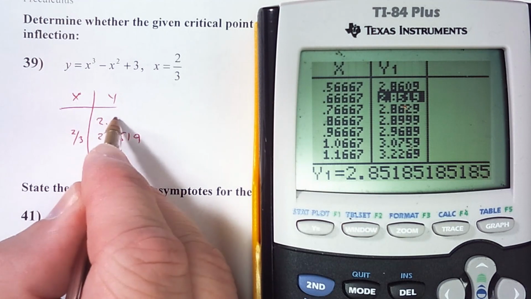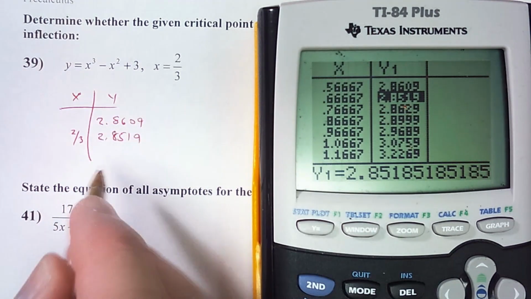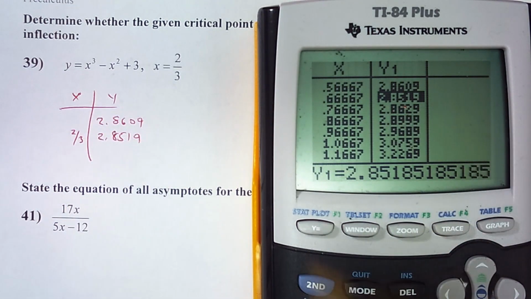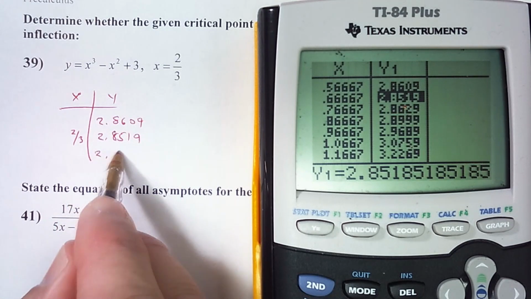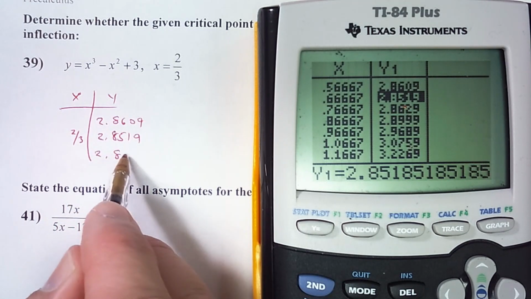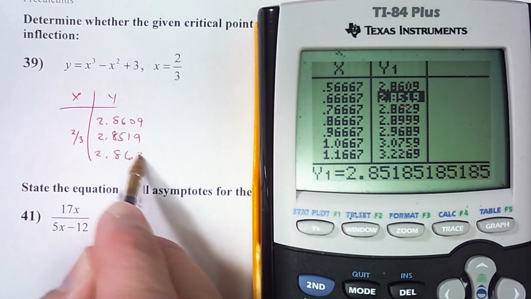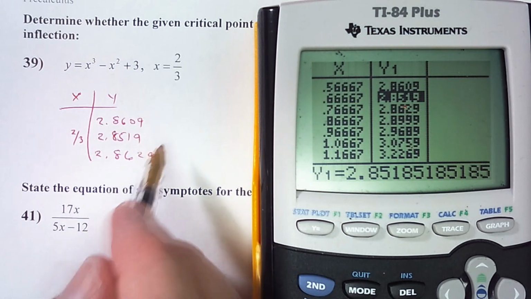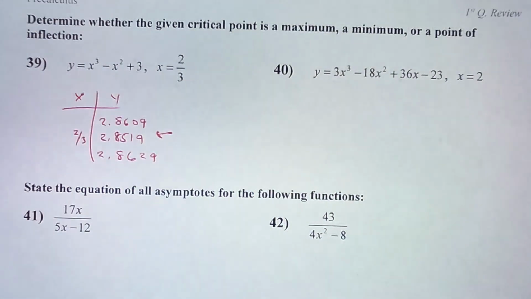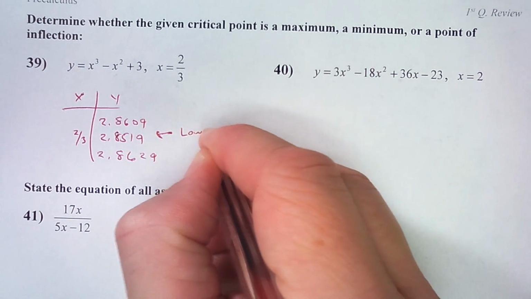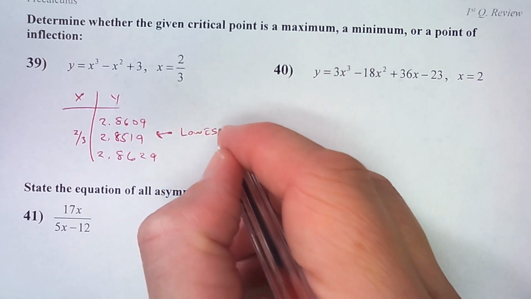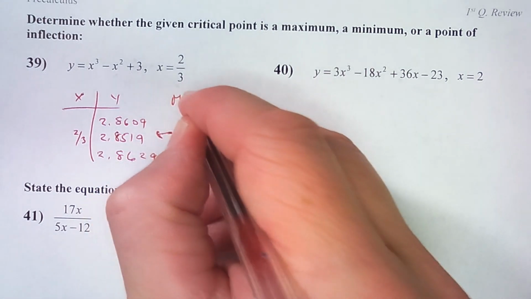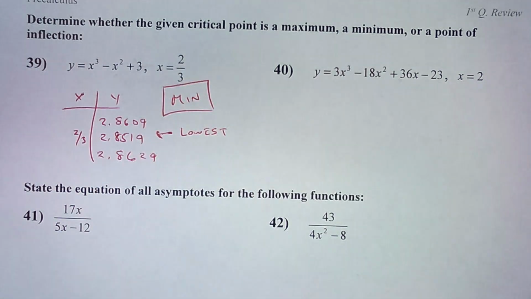Right above that is an output of 2.8609, and right below that is another 2.8629. Okay, now this right here is the lowest in its area, which means it is a minimum.